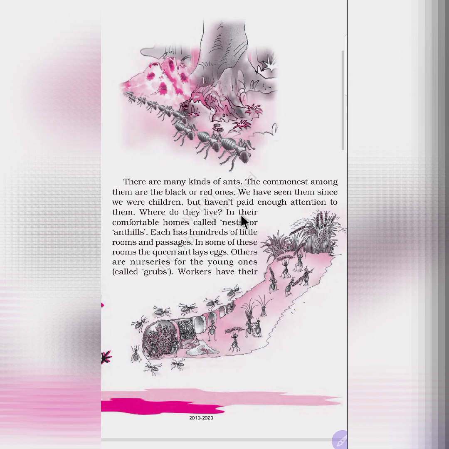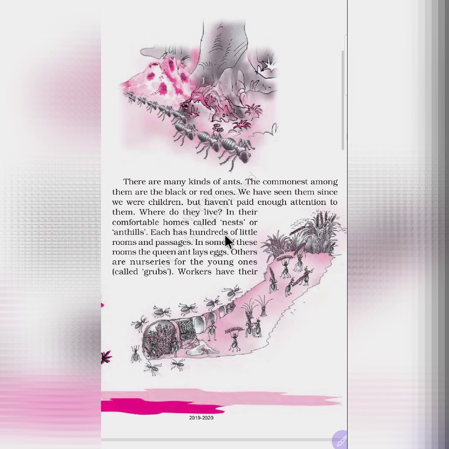In the very next line, the writer has given the answer of this question, that where ants live. He told that in their homes, means that the ants also live in their homes like human beings, but their homes are called nests or ant hills.